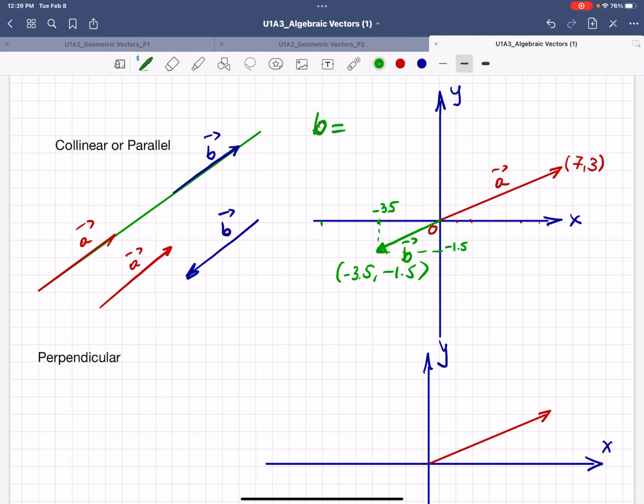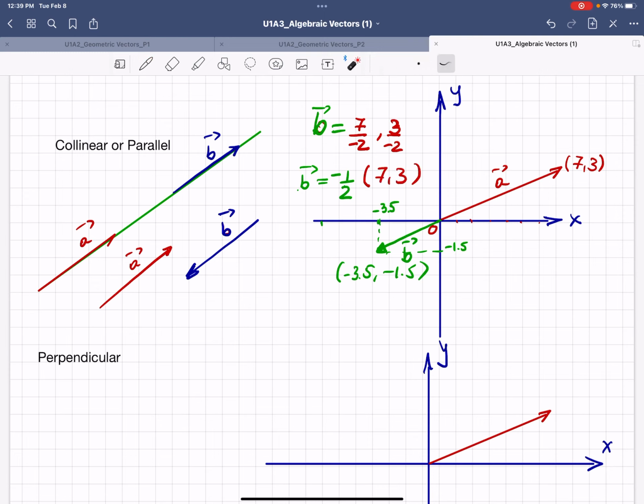So it seems that to obtain the coordinates of vector B, we could have simply divided the x of A by negative 2 and the y of A also by negative 2. So in other words, vector B is half in magnitude of vector A, and it's heading in the opposite direction. So that means negative 1 over 2 times (7, 3).